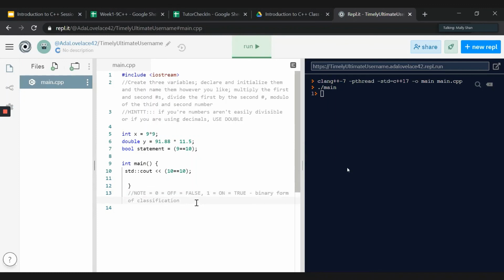If you think about it, it's because your computer runs on microprocessors, and you have gates that turn on or off that let the signal flow of information. If none of this makes sense, don't worry. All we basically have to remember is that 0 equals false and 1 equals true. So whenever you try to output a value like this, if I wanted to output the statement 9 equals 10, that's false, so we should get a 0 come out. And yeah, you guys can try this out for yourselves.